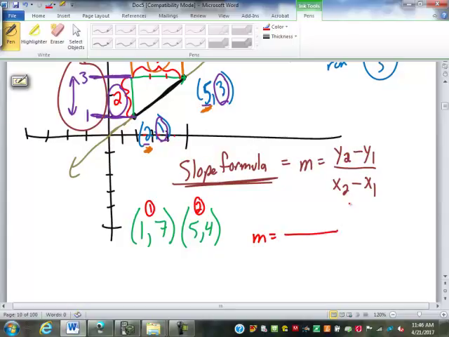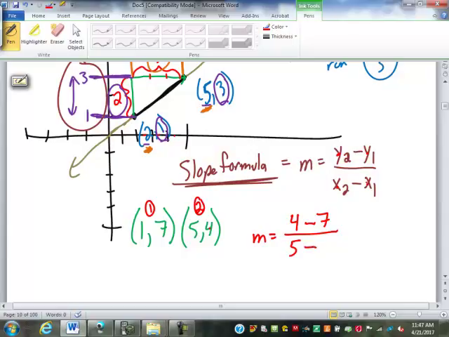So my slope, y2 is going to be which coordinate here? 4. Good. Point 2, the y-coordinate is 4. Minus y1 is going to be 7. Point 1, the y-coordinate. For the run, x2 is going to be 5. Good. Point 2, the x-coordinate.